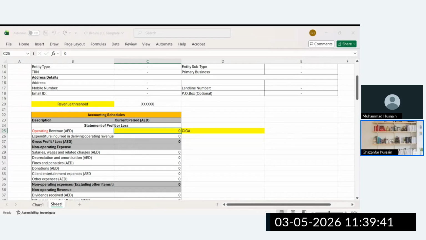I'm waiting for the response. I've seen some of the participants reply in the WhatsApp group, but I'm requesting, please reply in the chat. If you're facing any difficulty, please let me know.